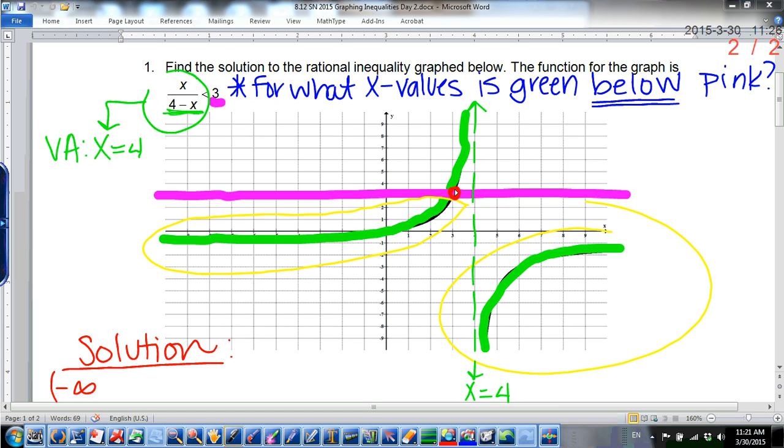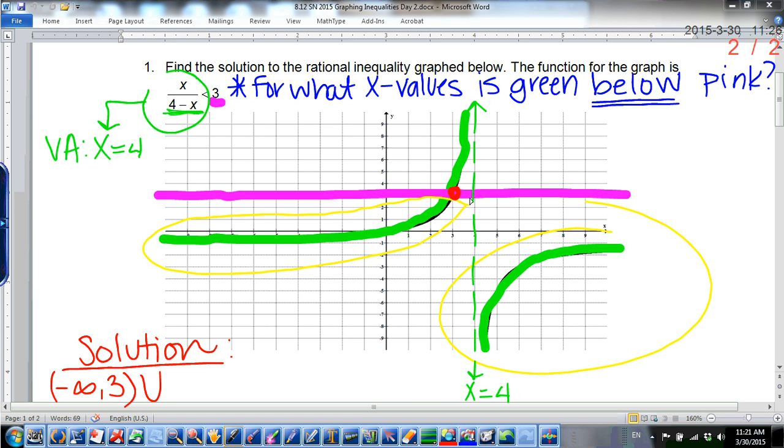Yeah, that's the intersection point. My highlighting didn't go perfectly, but you can see it a little better on your graph. So negative infinity to 3. The 3 is going to be a parentheses because I want to know when the rational is below 3, not below or equal to 3. Y'all see that?